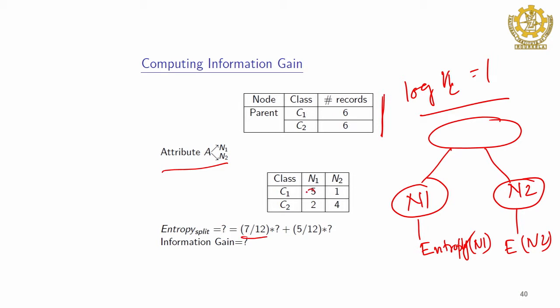Why weighted? Because the total is 7 here, and we have 12 there. Then the information gain will be 1 minus the combined value, but it has some drawback.